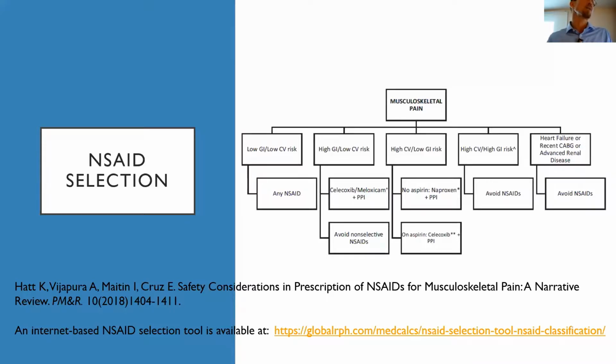So I can't say that this is an evidence-based recommendation, but I would be reticent to add an NSAID in that first 12 months. As time goes out, if I have a patient that's 5 years out from an MI, granted, not all of them have changed their lifestyle, but some of them, they're eating better. We've now got them on a statin. It's been 5 years, they've not had a heart attack.